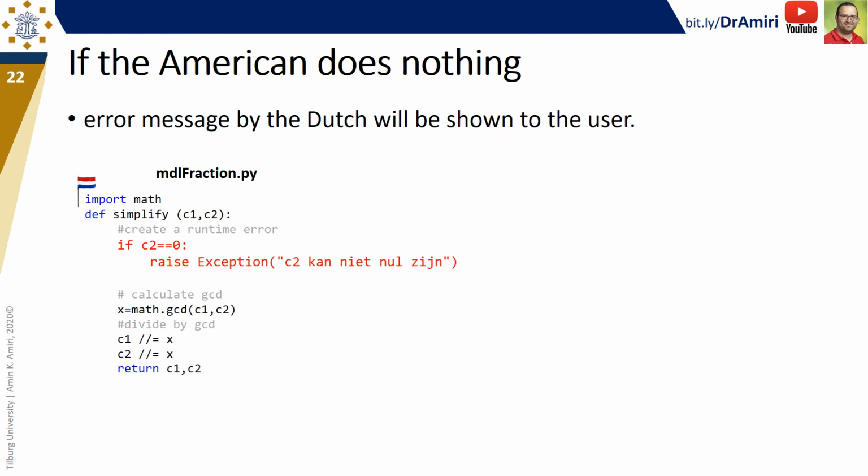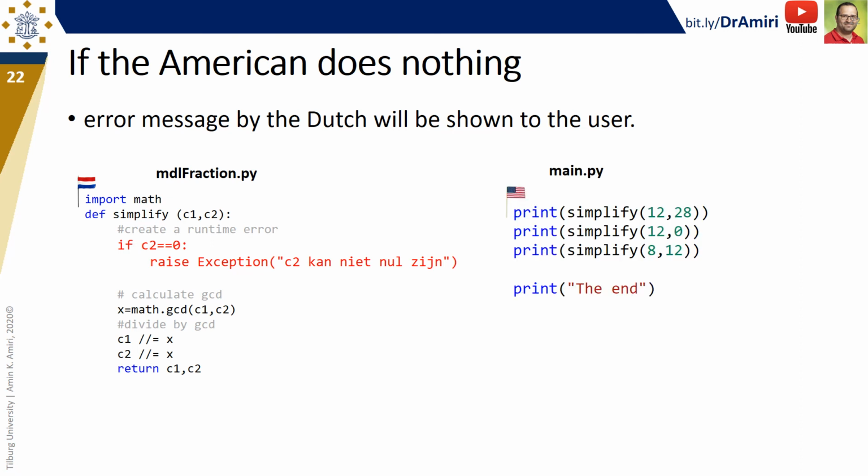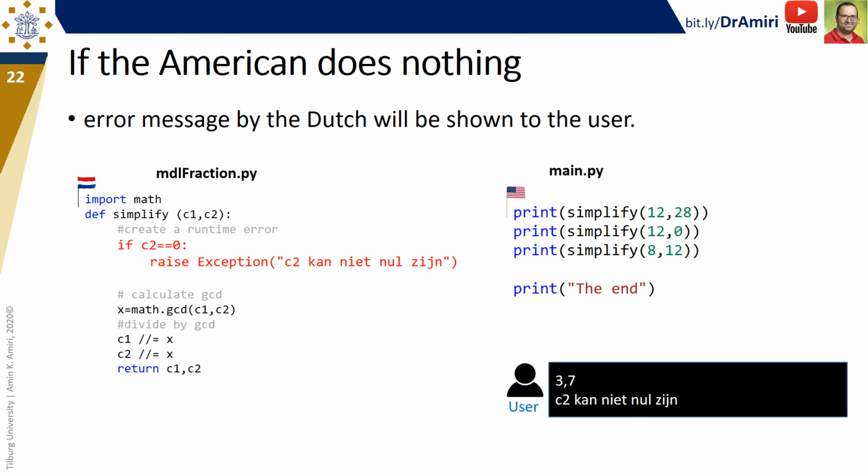So if the Dutch programmer raises an exception, as you just saw, in the Dutch language, passing on a message in Dutch, then the American programmer can be careless and not check anything. If he doesn't check anything and gets a 0 from the user, the result would be something like this.